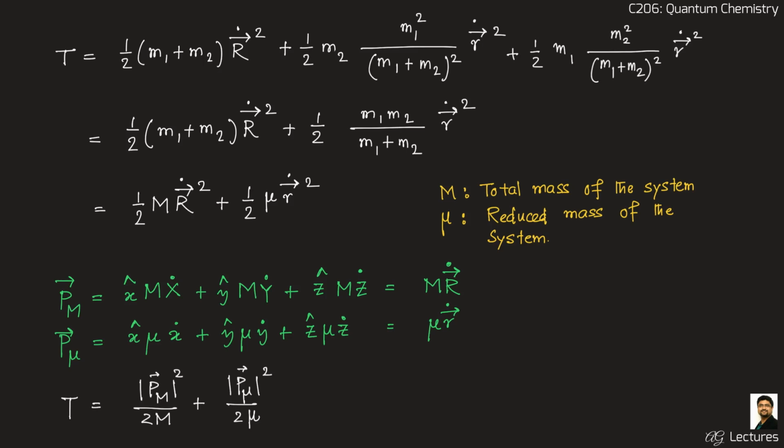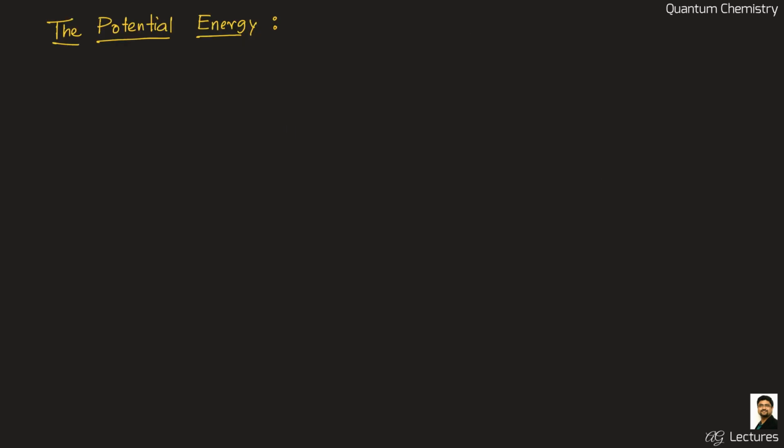Now let's go to the potential energy, and then we'll formulate the total Hamiltonian of the system. Now let us talk about the potential energy. Here we'll be taking one assumption on the potential energy, that the potential of the system depends only on the separation of the two particles.